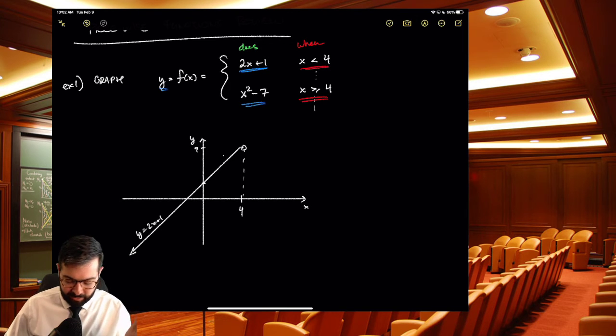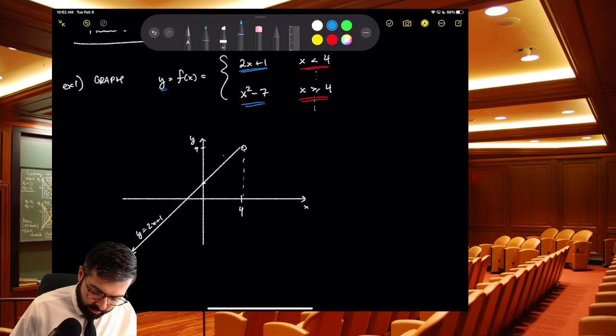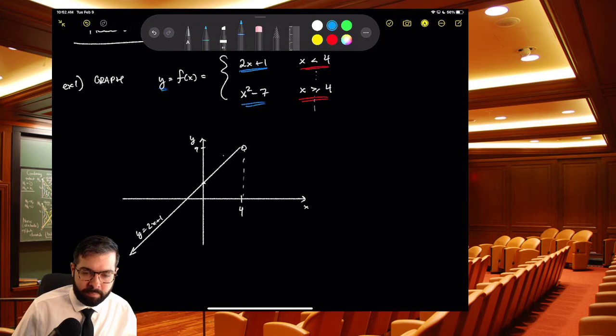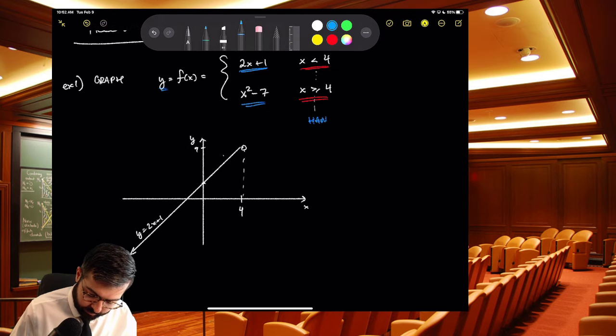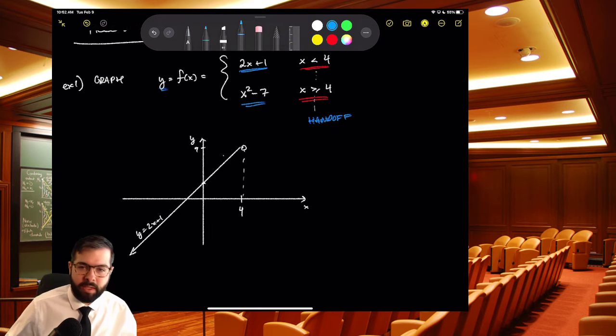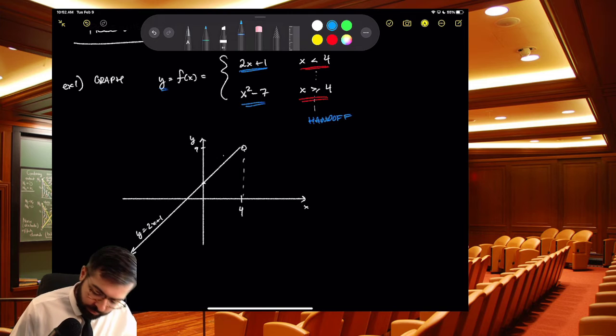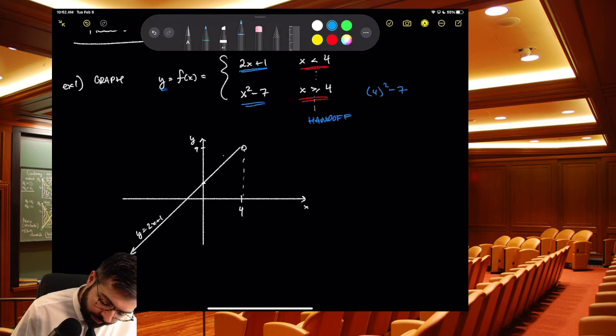What does x squared minus 7 look like? Well, it's a parabola. It's upward facing, and it's shifted down by 7. But at the value x equals 4, where this handoff is, for the input, at x equals 4, it's at 4 squared minus 7, which is 16 minus 7, which is 9.